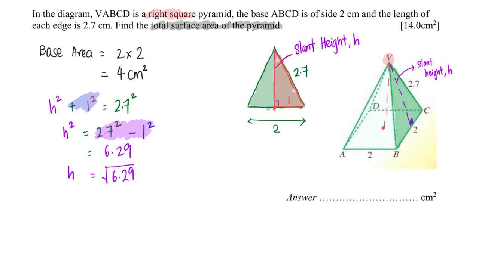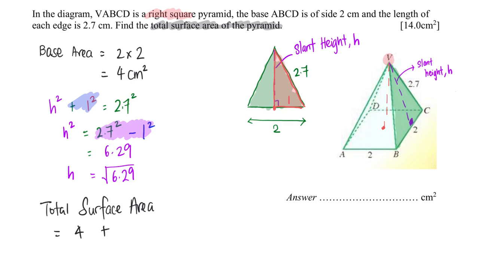So the total surface area that is required is therefore equal to my base area 4 plus 4 times the area of the lateral faces.